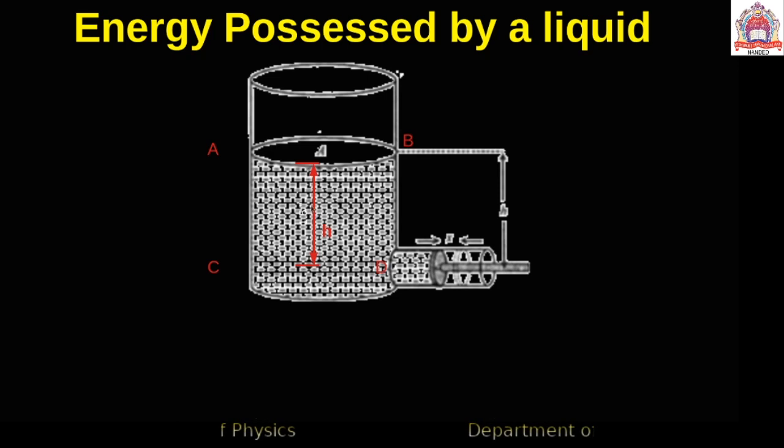If more liquid is to be introduced into the tank at this pressure, it must be forced in by the piston. यहाँ पे जितना हम पानी बढ़ाते जाएंगे इस टैंक में, इतना प्रेशर इस पिस्टन के ऊपर आता जाएगा.